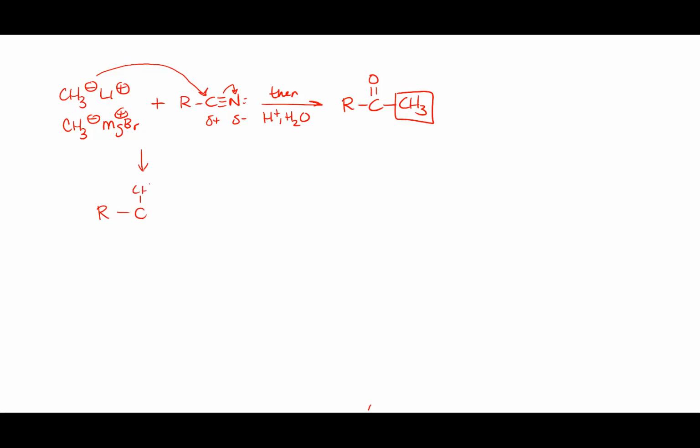So I've added a methyl group here. I now have a double bond. I now have a nitrogen with 2 lone pairs, which means it has a negative charge. All right, that's great. We're done. Can't reform the CN triple bond because there's nothing to leave.